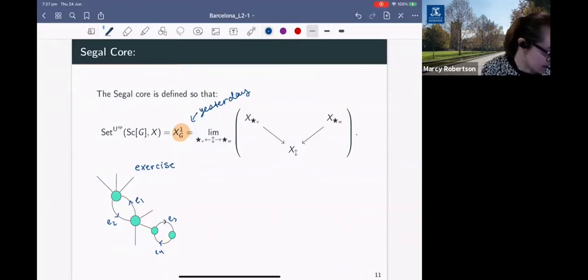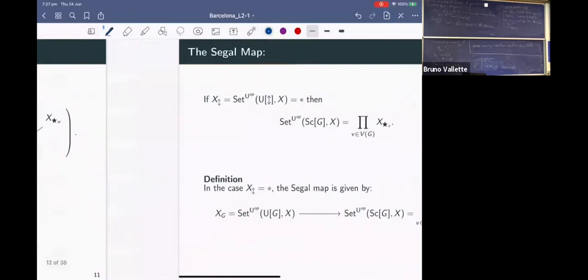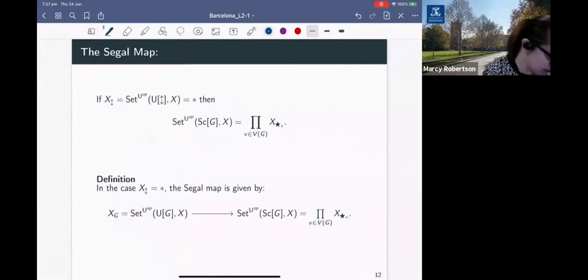Right. So if we take our Segal map from yesterday, reminding ourselves what we have, I'm going to stick with one-colored things today. So X evaluated at the exceptional edge will be a point.